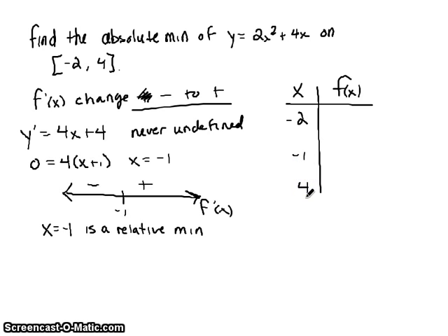Now, where we're possibly going to make our mistakes is we're going to try to plug these back into our derivative when we don't want to. Where we want to look is back at our problem up here.